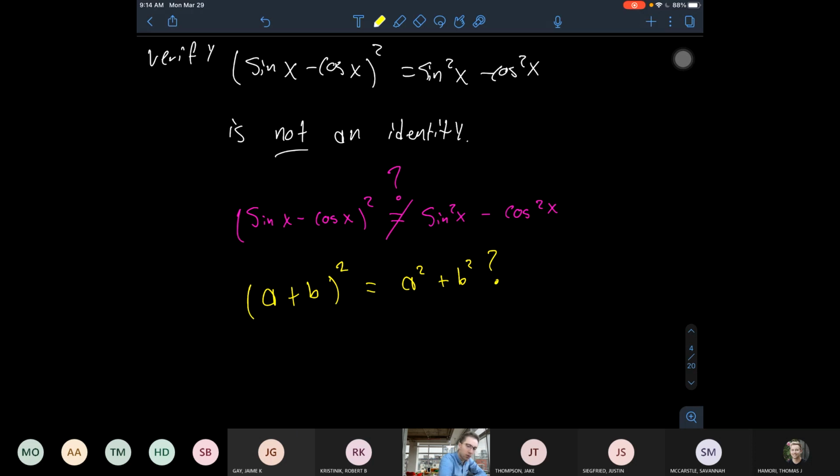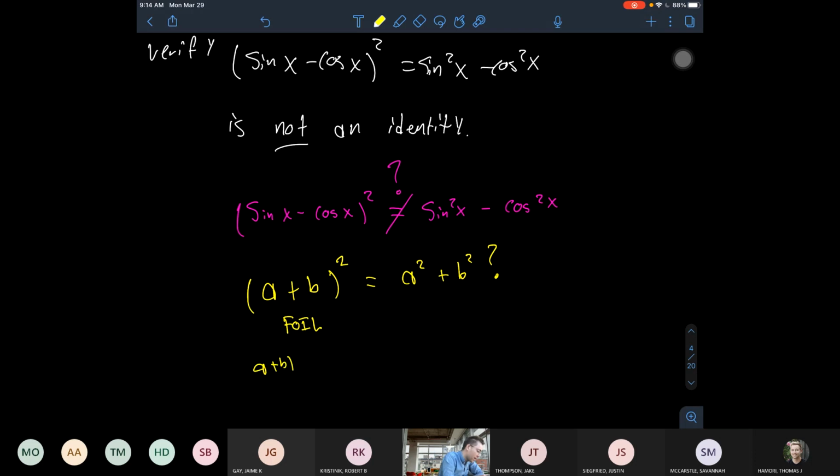We only distribute with multiplication or division. So when we take a power here, what do I do when I have two things added together and I square? There's one word that I'm looking for here, which is what we do every time we have a binomial like this and we square it. That's right, FOIL. We would have to FOIL to expand this.